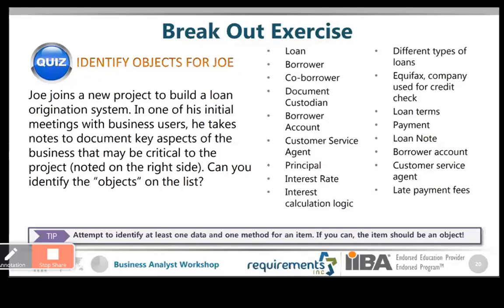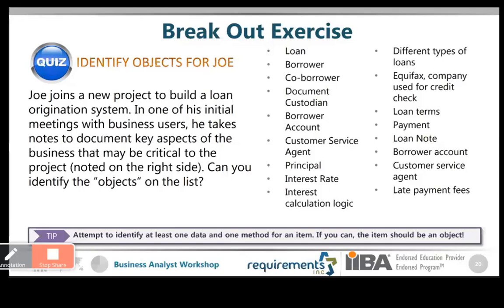No, it's not an object. Why? No, it is an object because if payment is an object, late payment fees is also an object. Oh yeah, we listed it under object. All I have to ask is why to throw you guys off. You are on the right track. It is not an object. As soon as I question, you plant a question in your mind. It is just data, right? What is the fees?